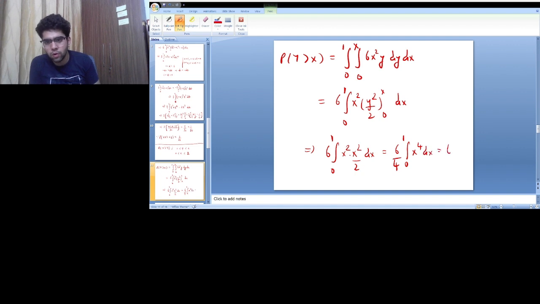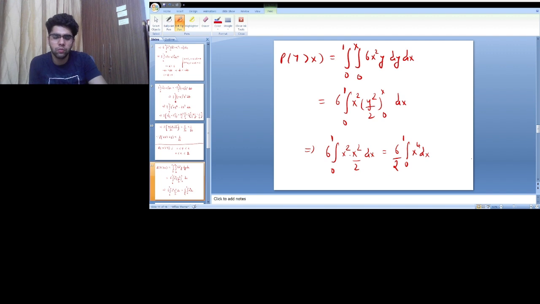I'll be moving on to the next page. This is 6 by 2, right?